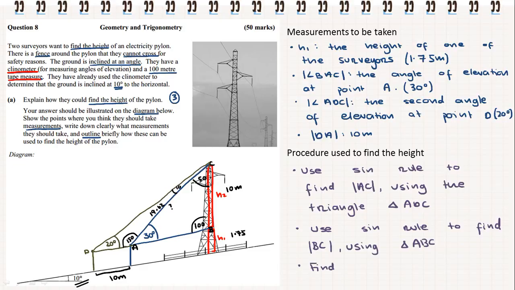Then find the total height. So we'll say H1 plus H2. So again, you'll see now how it can be easier to write down the measurements taken and the procedure after you've actually done it.